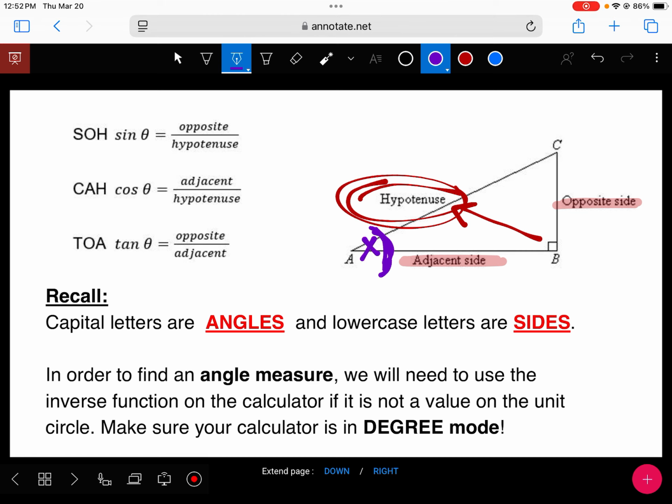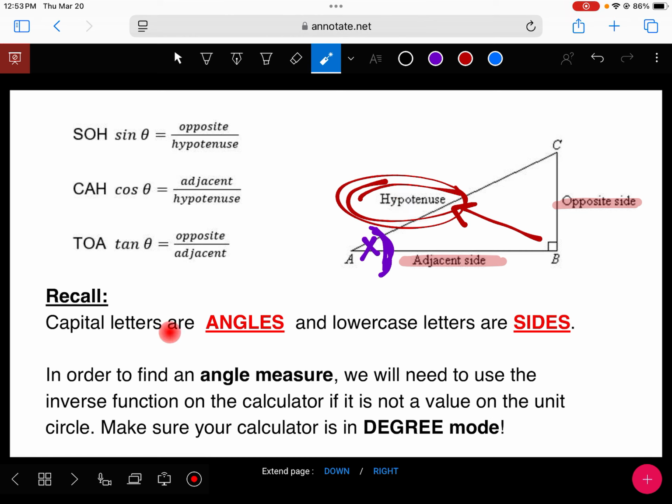This is adjacent to angle X, and this side is opposite of angle X. But if I move here, then this will become opposite, and this is adjacent. So it really just depends on if we're talking about angle A or angle C. That's going to determine which side is opposite and which side is adjacent. But this will always be your hypotenuse.